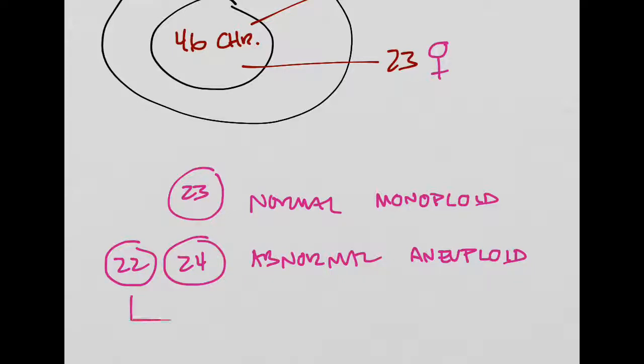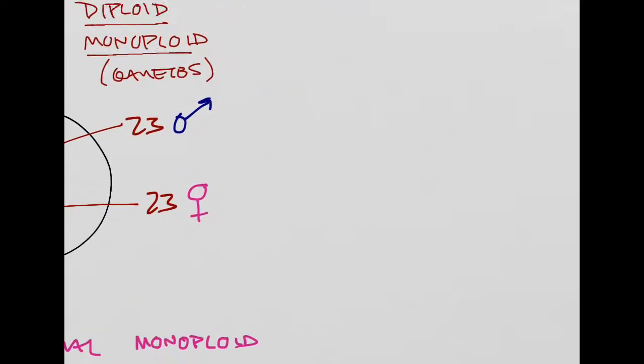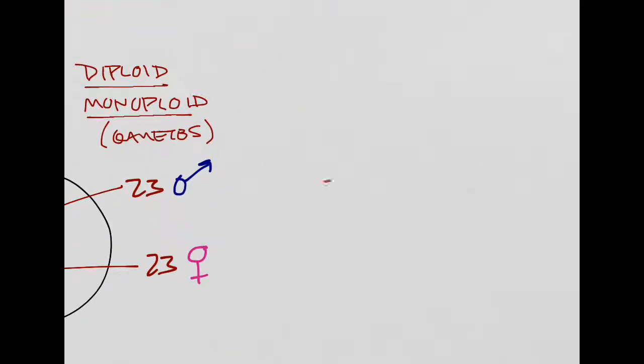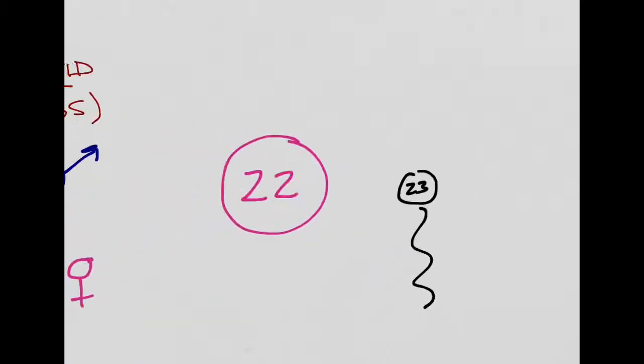But there are some situations, as we'll talk about, that sneak through. So what would lead to this? What would allow us to have the situation where we have an aneuploid? And that's what I want to discuss right now. Okay. Oh, and by the way, let's just talk about this for a moment. Let's say you had an egg cell that only had 22 chromosomes, and it came together with a sperm that had the right number, 23.